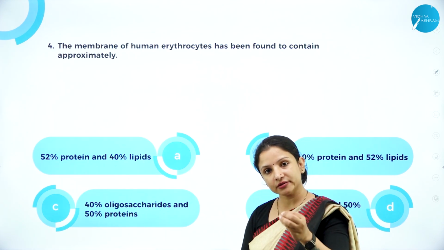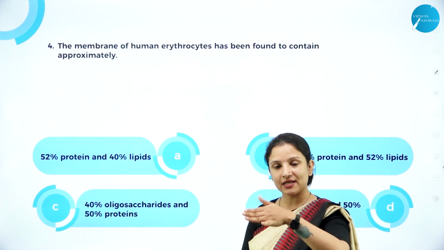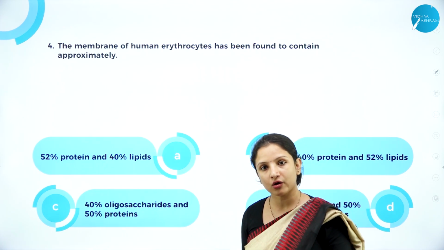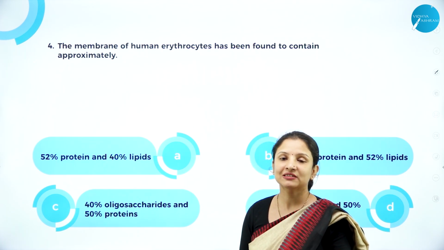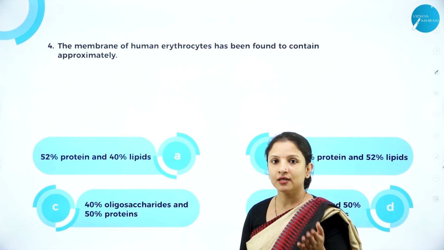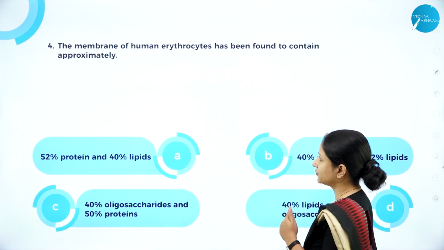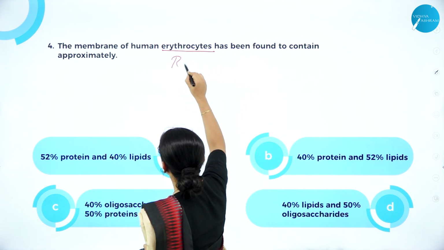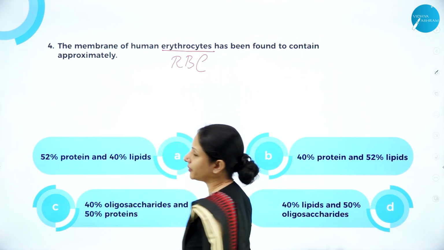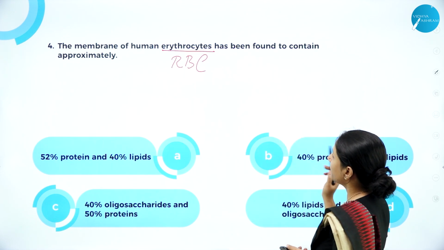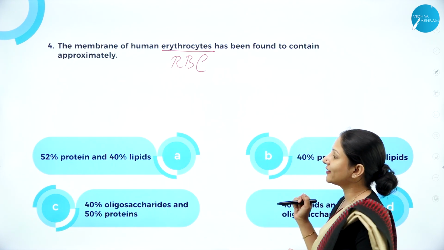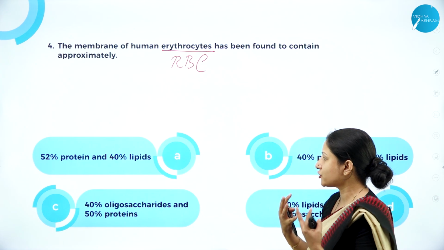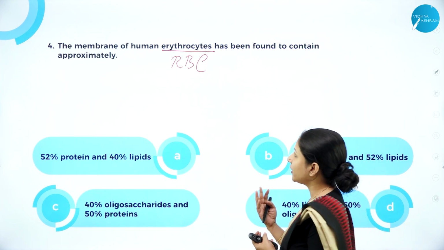Do you think the concentration of carbohydrates, proteins, lipids and so on is the same in all organisms? No, the percentage can change. That is what the question is about. Human erythrocytes are nothing but RBCs, red blood cells or red blood corpuscles. So we have to see how much of what the membrane is made up of.